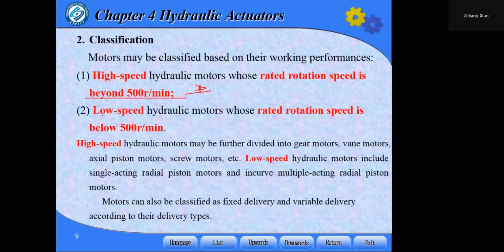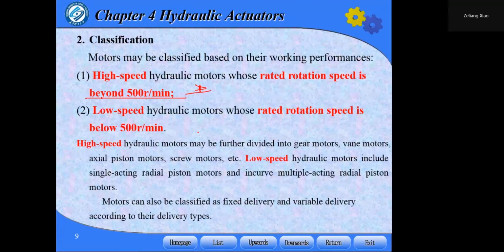On the other hand, low-speed hydraulic motors have a low rated rotational speed, below 500 rotations per minute.